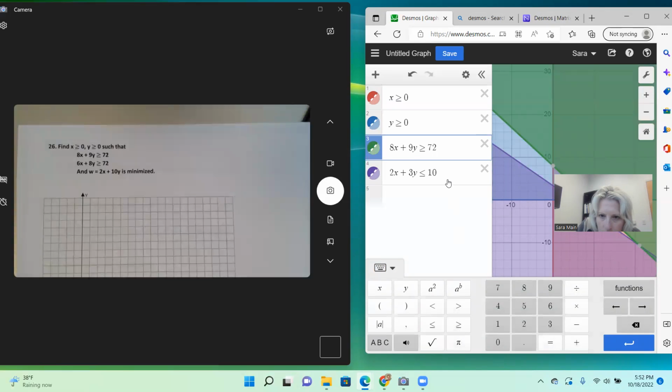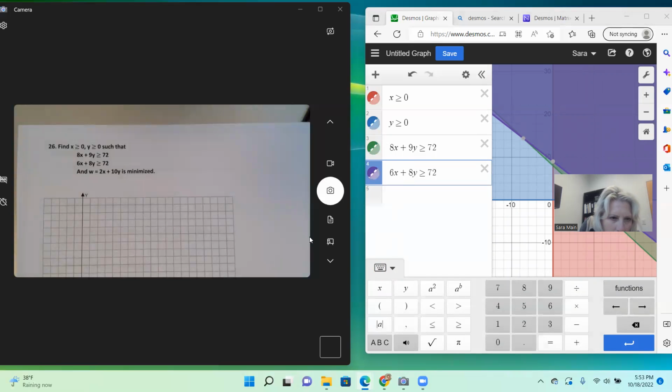And this one is a greater than or equal to as well, greater than or equal to 72. 6 and 8. Okay, and we want to minimize the equation of w equals 2x plus 10y.